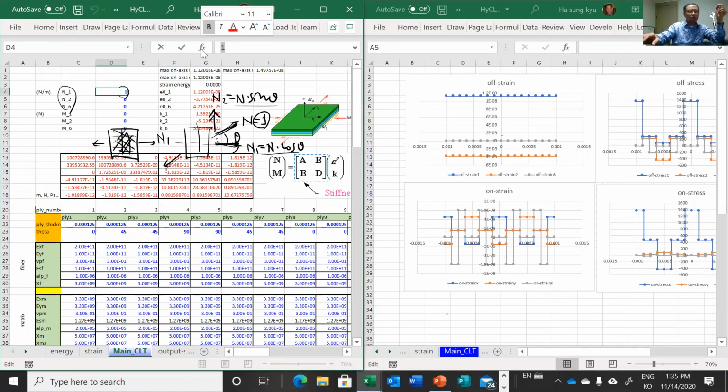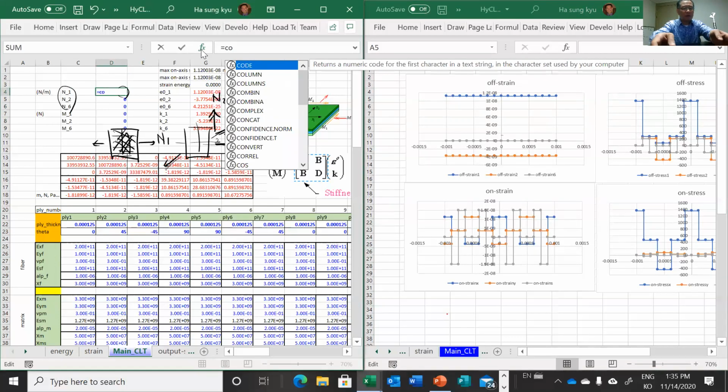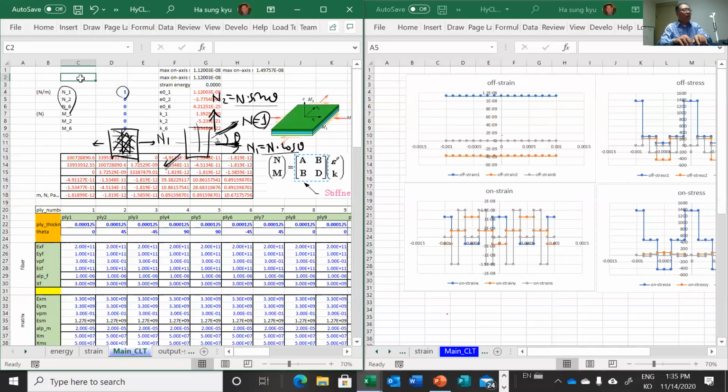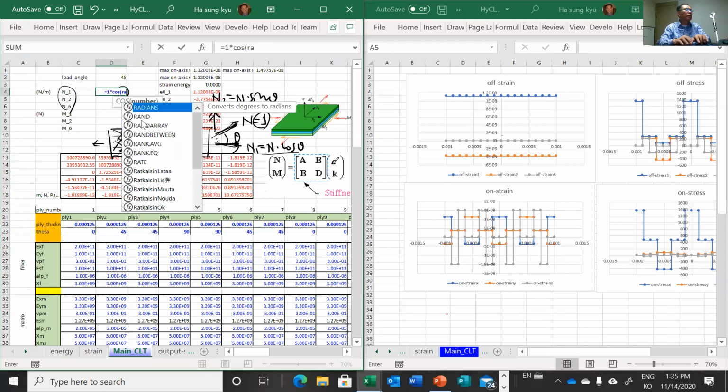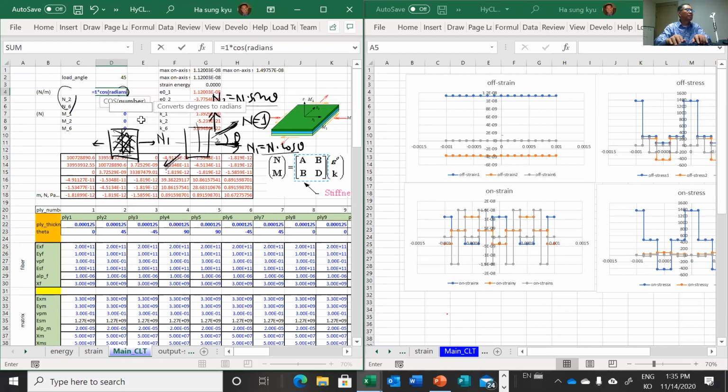So this one, I will change. This is the load angle, say 45 degrees. And N1, I'm writing down this equation, equals 1 times cosine of radians of this angle.